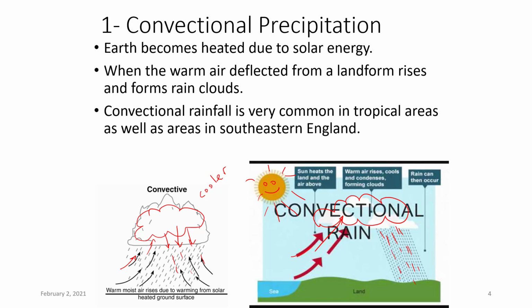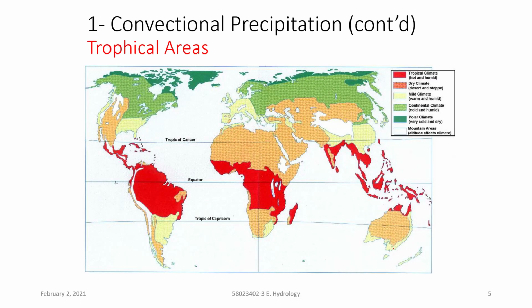And this is a type of precipitation. If the layer is colder, then the precipitation will become ice, which we call snow.